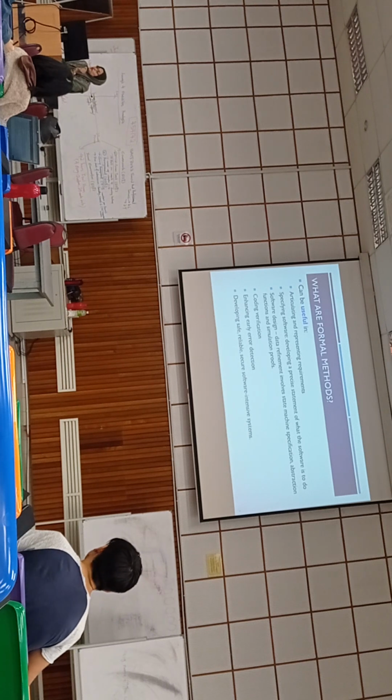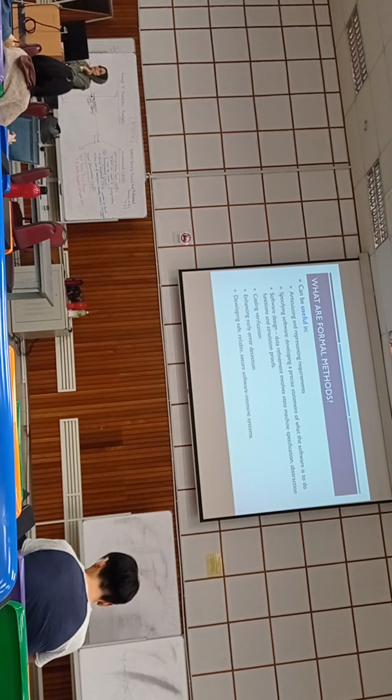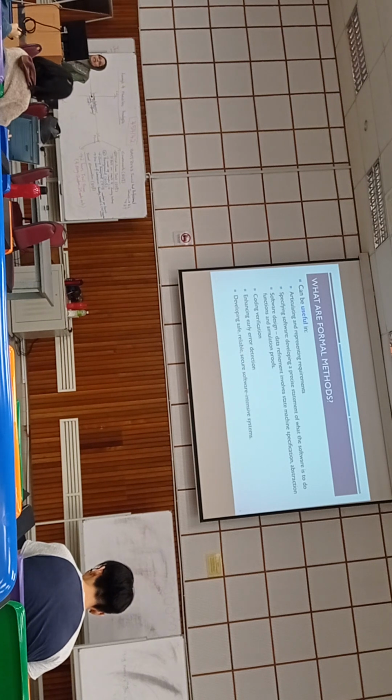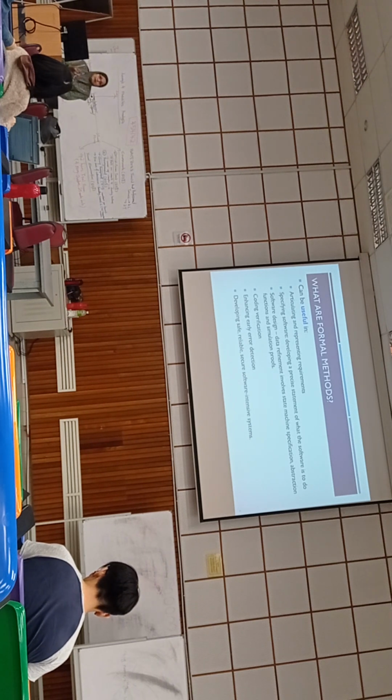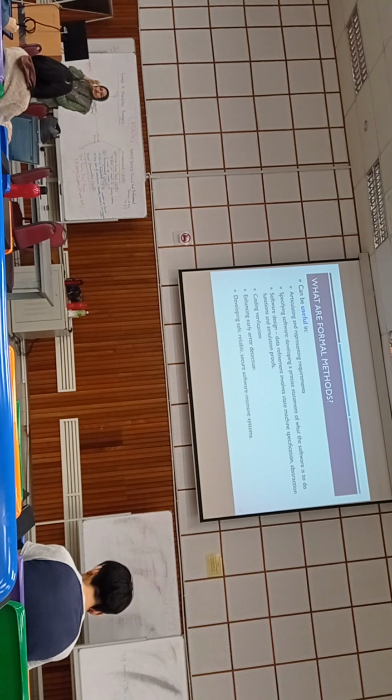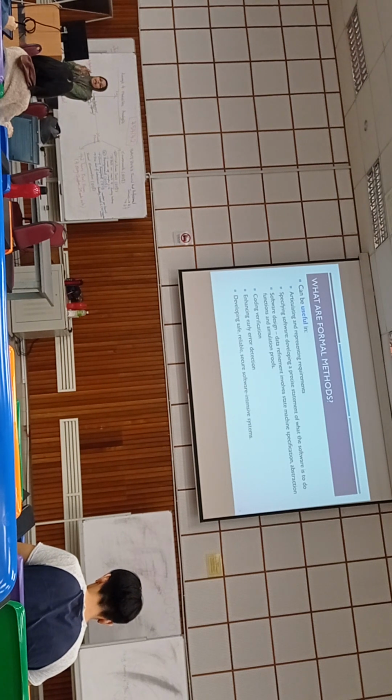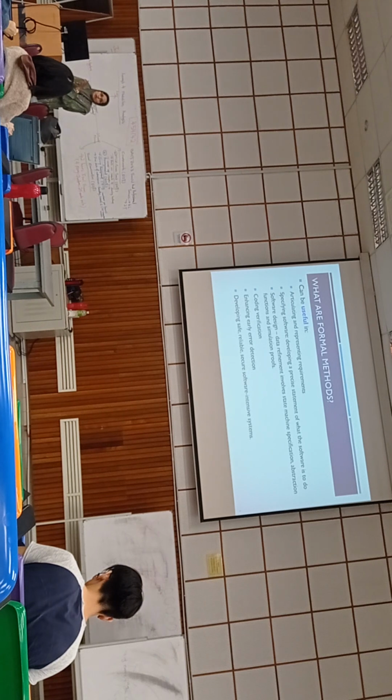So it is very useful, especially, and why I put especially here: just now I told you about critical systems. The systems that involve human life and safety, which means people may die if you didn't develop the system correctly. So if you want to produce something very safe for humans, you may need to use formal methods together with other approaches. You must add this as another approach to help.